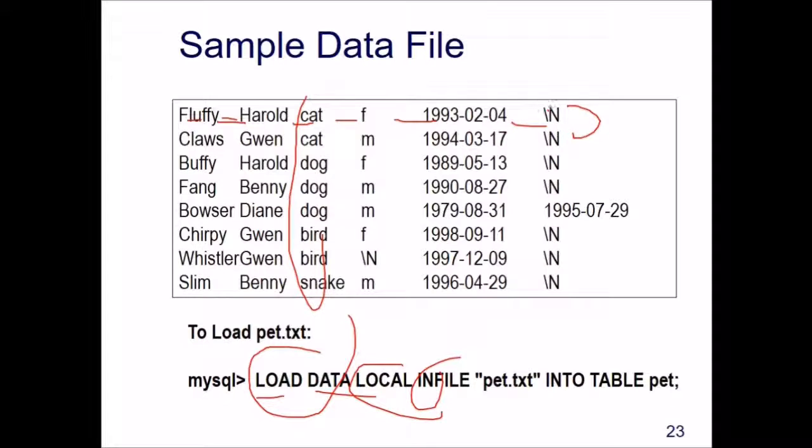Enter will be through /n, and separate the values by tabs. So the command will be load data local infile. This is the file you have made. This is the actual file, into table pet. Now the table pet will be inserting all these values after you issue this command.